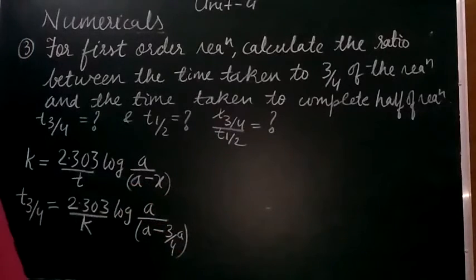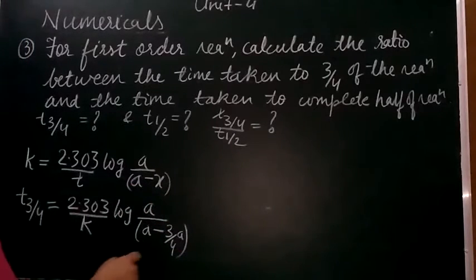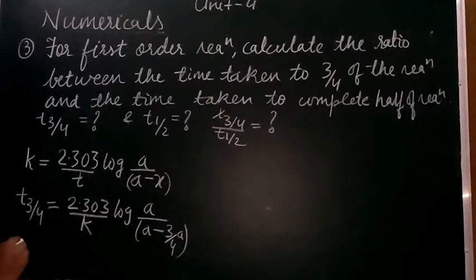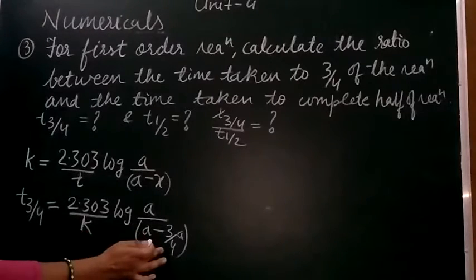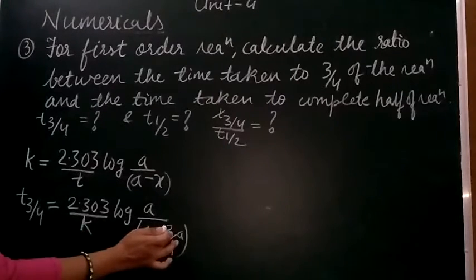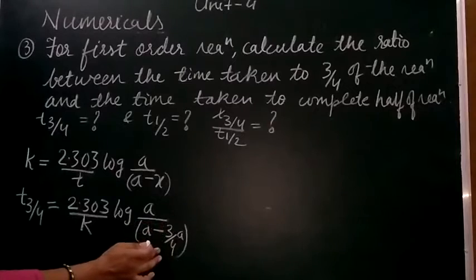So when you solve it out, what will you get here? You will get 4a minus 3a, that is a upon 4, right?